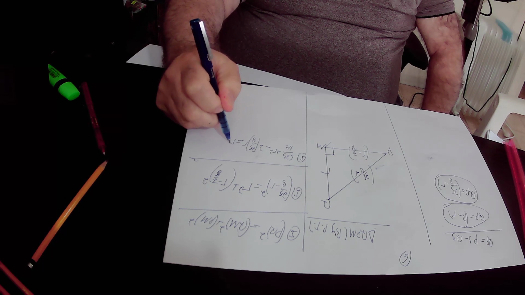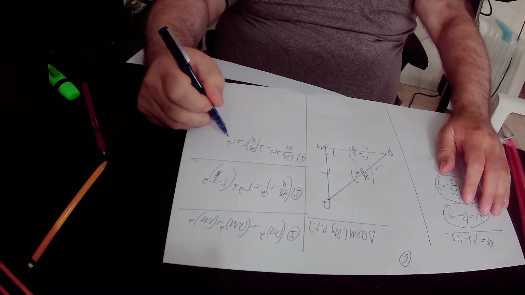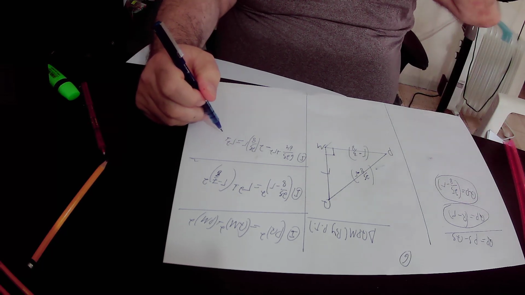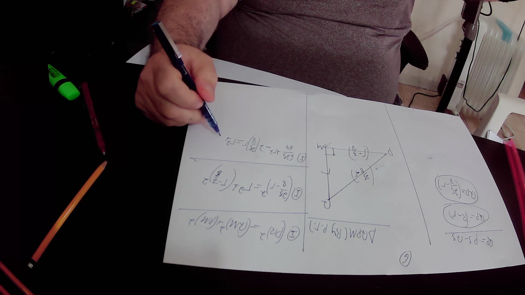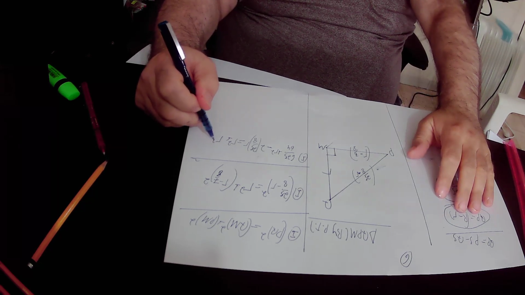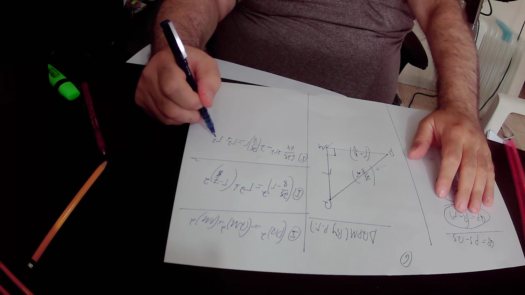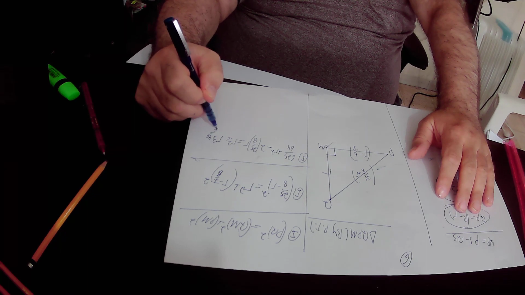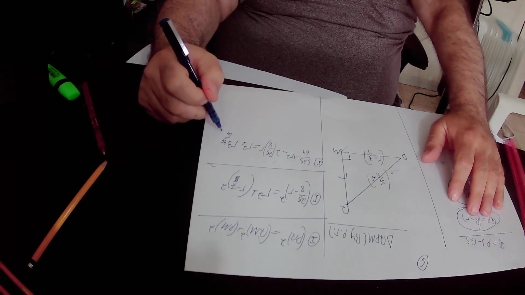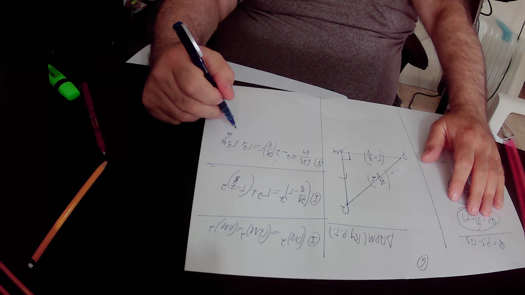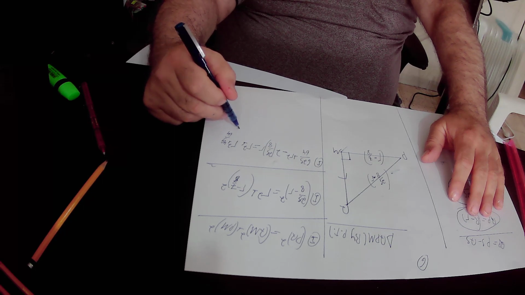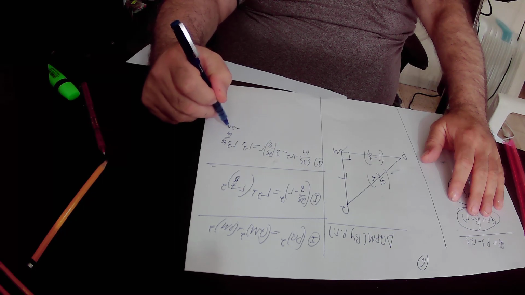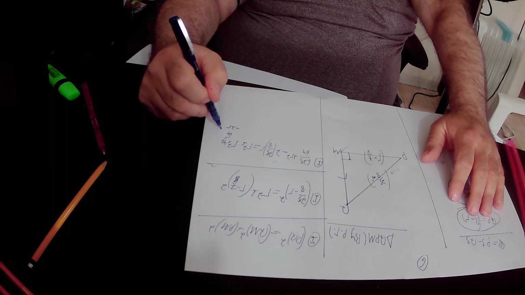It is equal to r squared plus (r minus 7/8) squared. It is r squared plus 7/8 squared, which is 7 squared, that is 49, over 8 squared, that is 64, minus 2 times r times 7/8.